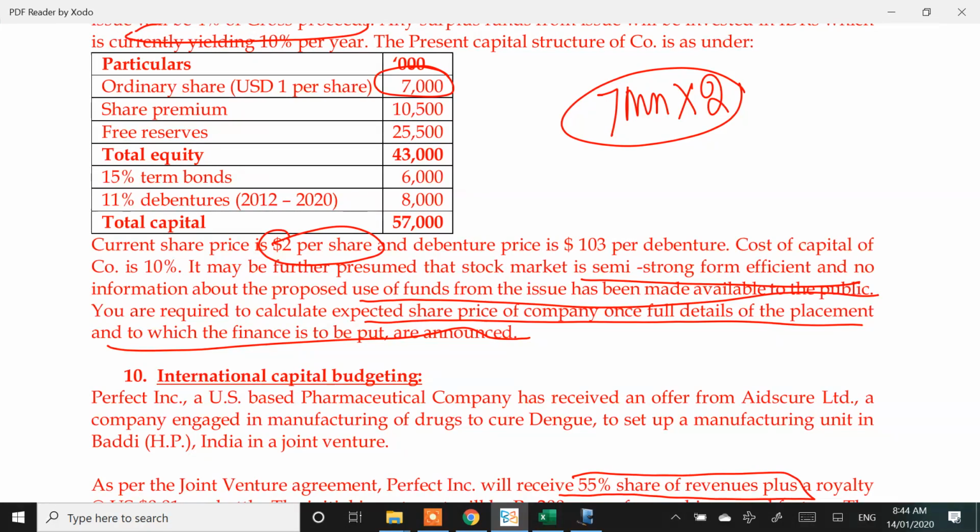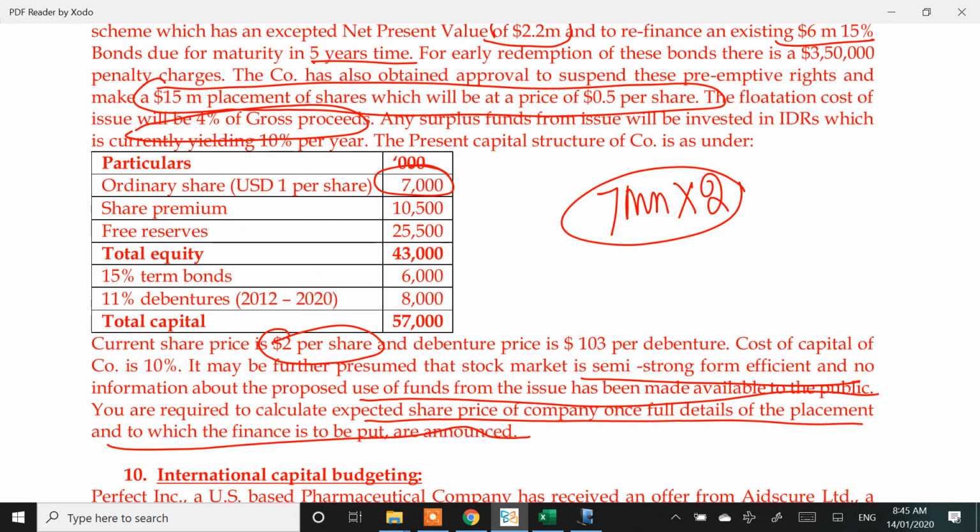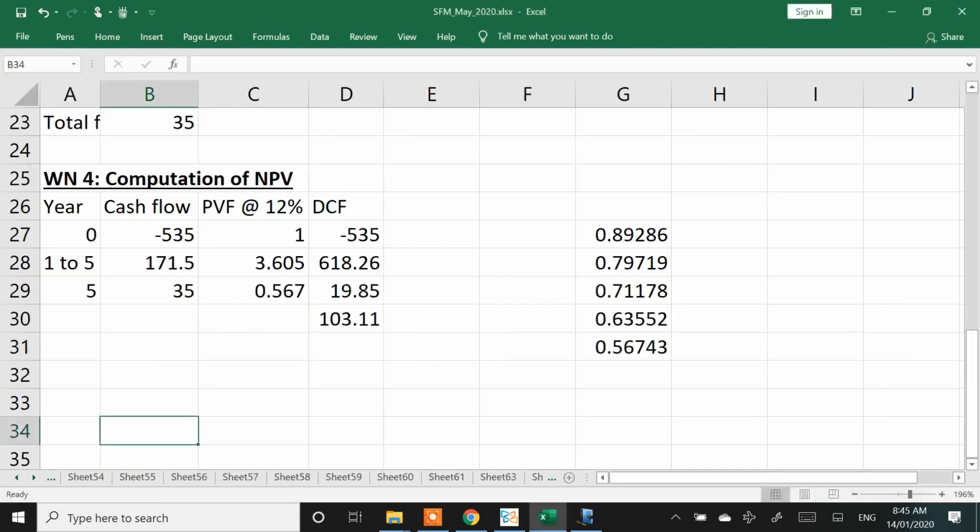So I'm going to use something from mutual funds, which is movement in net worth, something from bond refunding, and something from share valuation. Again, currency can be ignored in the question. It talked about dollars, but it could have been any currency, because the exchange rate is not coming into the picture. Working note 1: computation of expected share price.